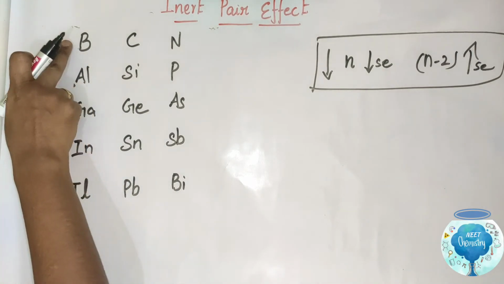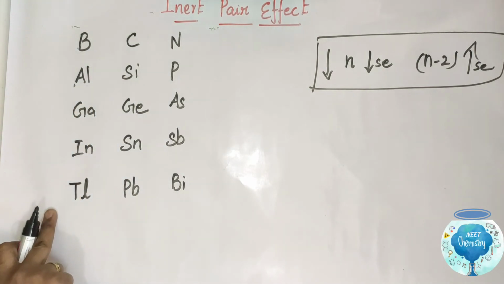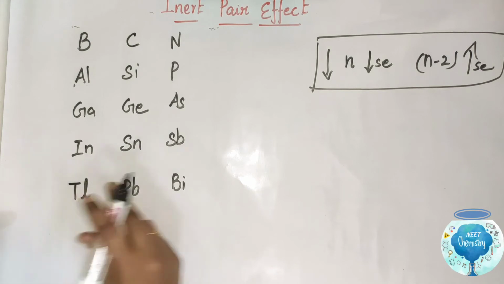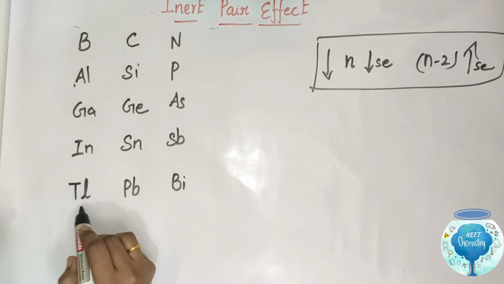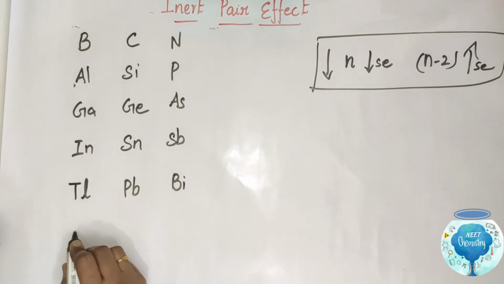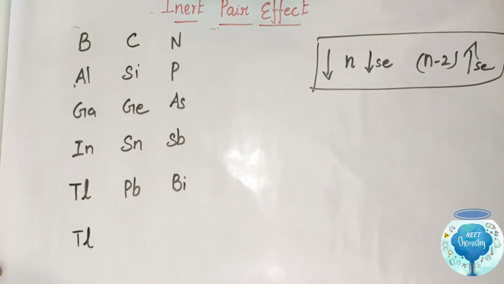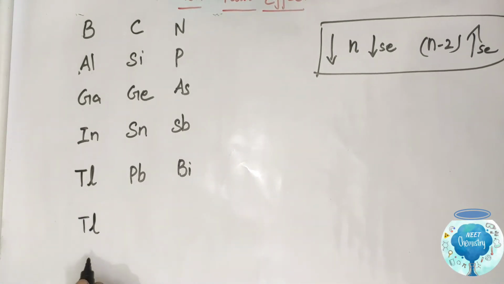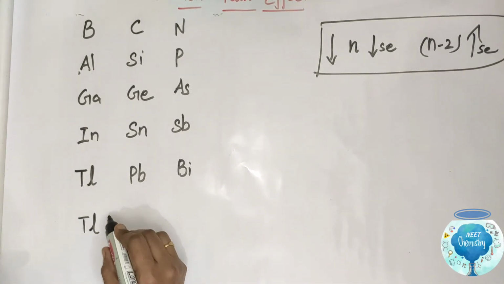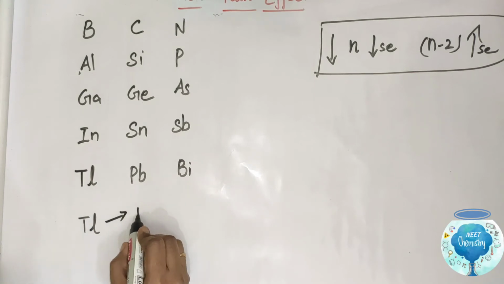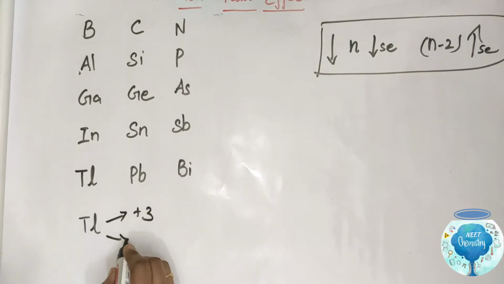Down the boron family, the last element is thallium. Thallium has two oxidation states: one is +3, another is +1.